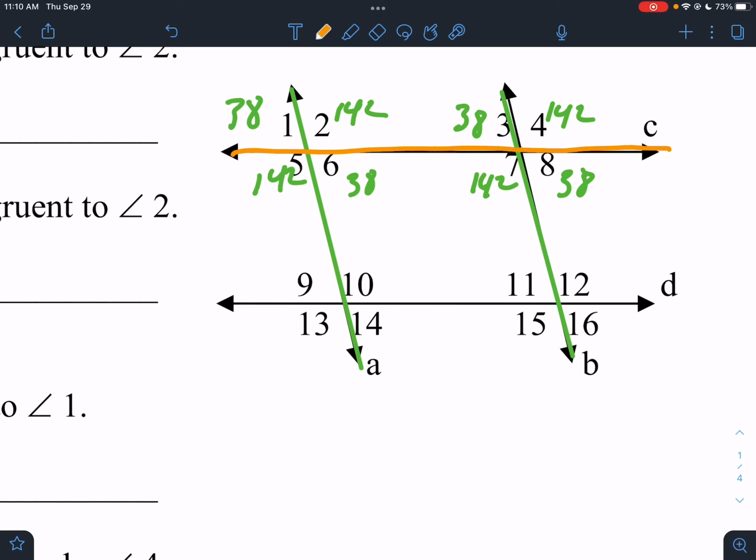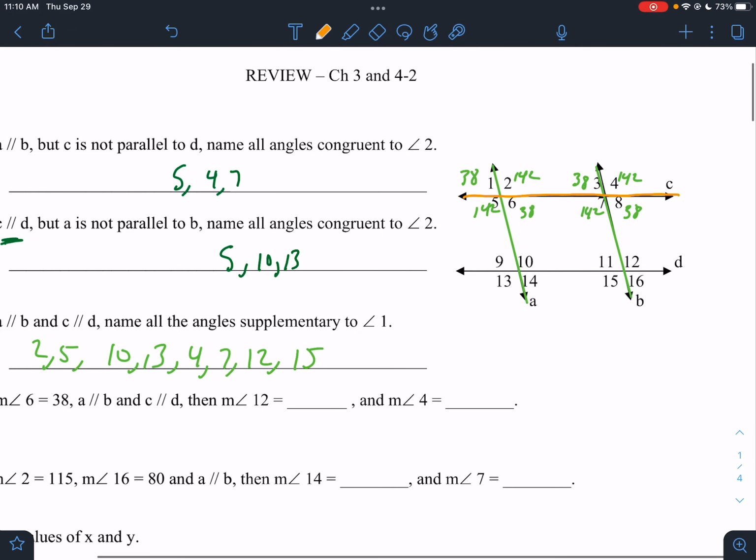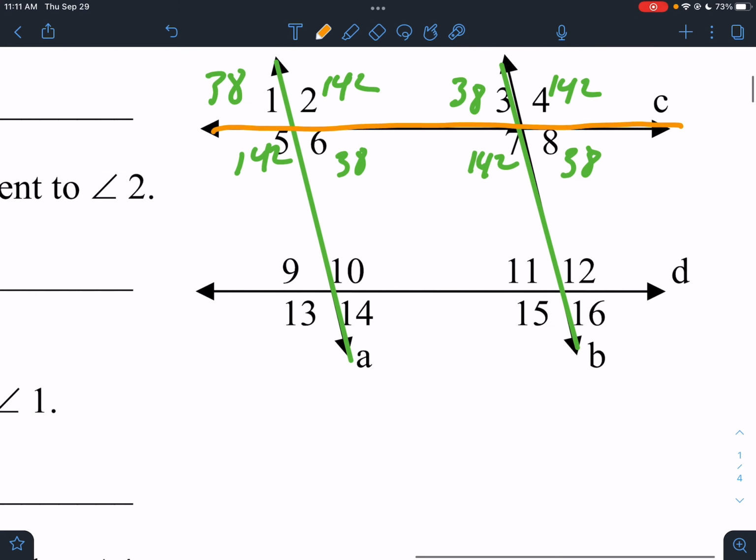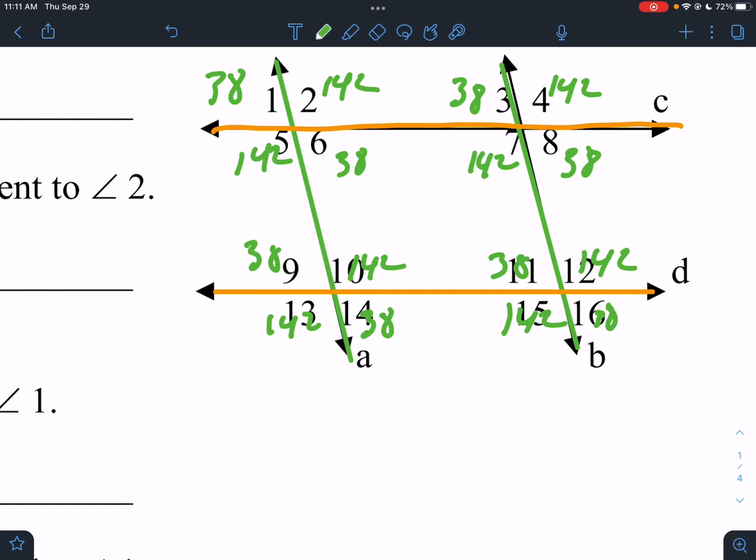I have to cross the green lines. And C is parallel to D. Oh, I didn't keep reading. So C and D are also parallel. Well, that's fun. That means all of the intersections are 38s, 38s, 38s, 142, 142, all over.